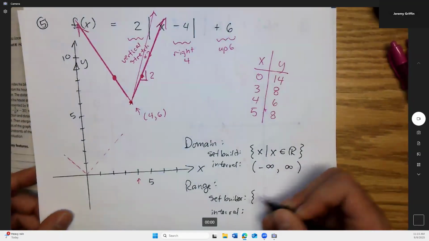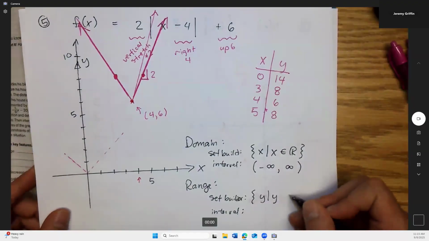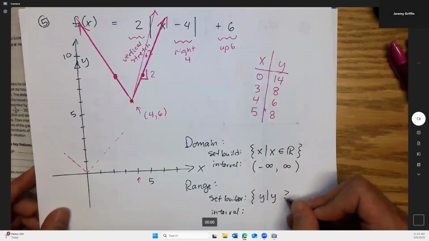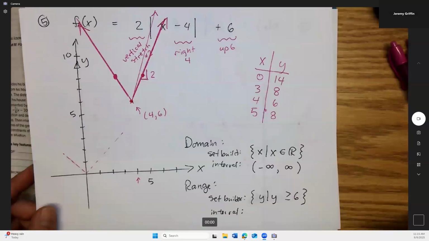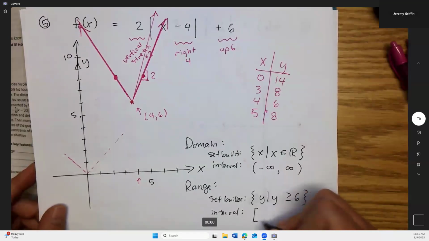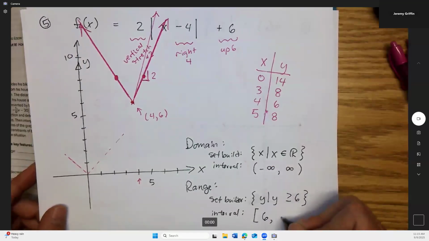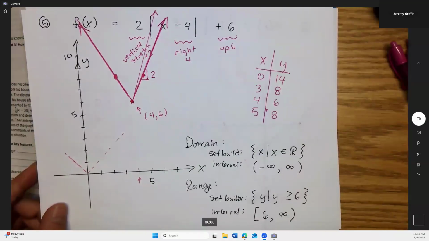Open curly bracket, y such that y is what? Greater than or equal to 6. Close curly bracket. What about interval notation? Open bracket, 6, comma, infinity, close parenthesis. Yeah, there you go.